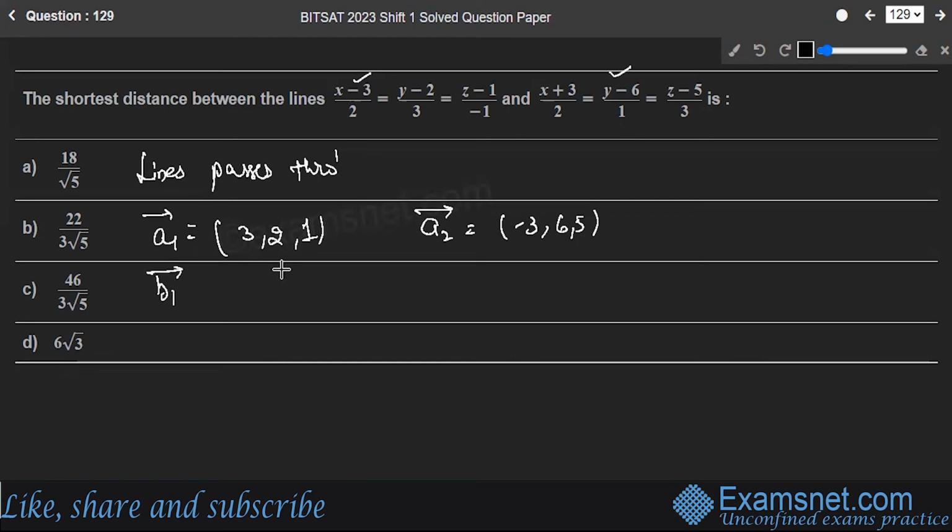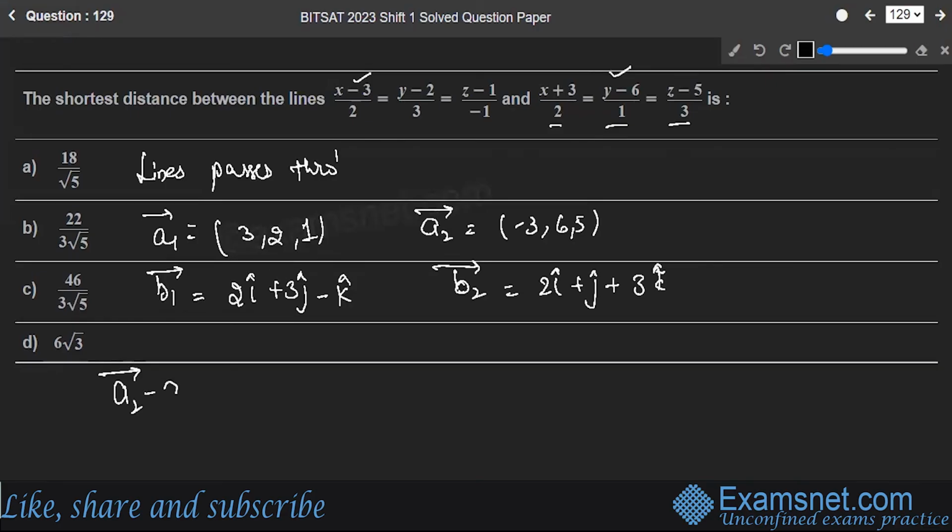And B1 is equal to 2i + 3j minus k, and B2 is given by 2i + j + 3k. So if I take A2 minus A1, this will be given by minus 6i minus 4j and minus 4k.